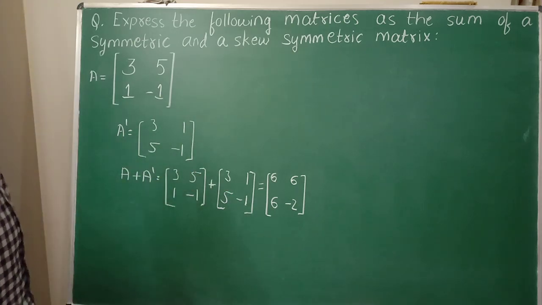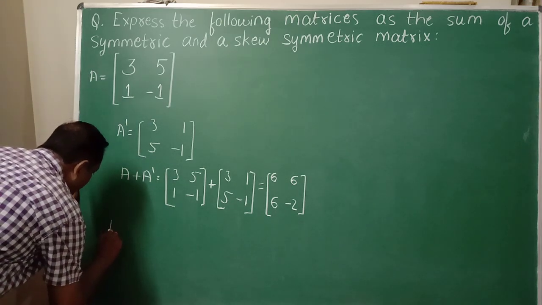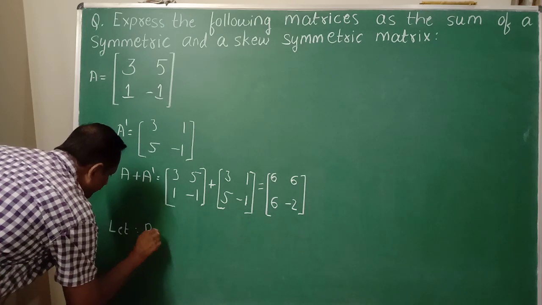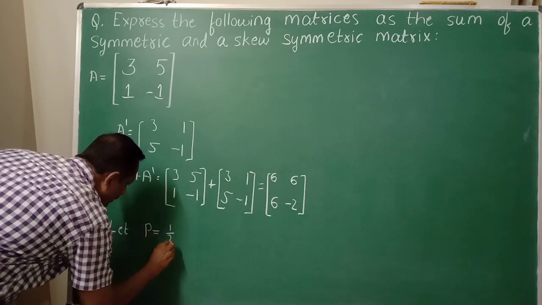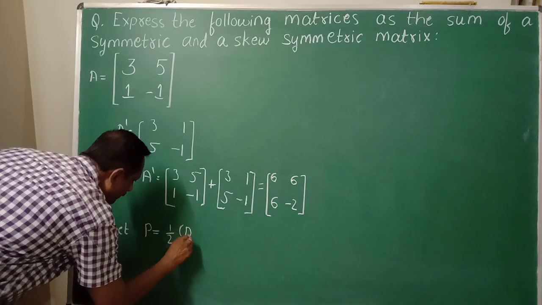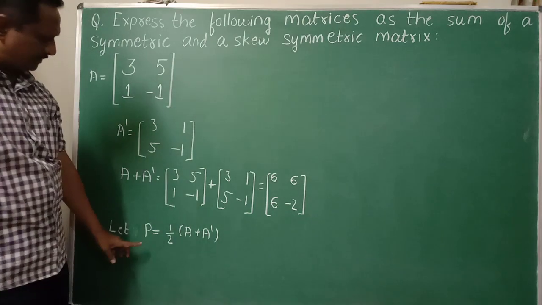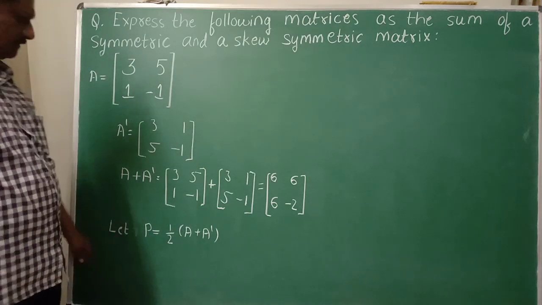Next, take 1 upon 2 here. Let P be equal to 1 upon 2 into A plus A dash.